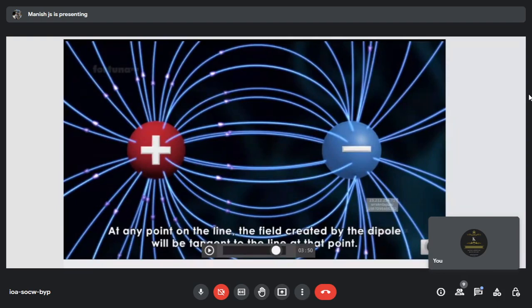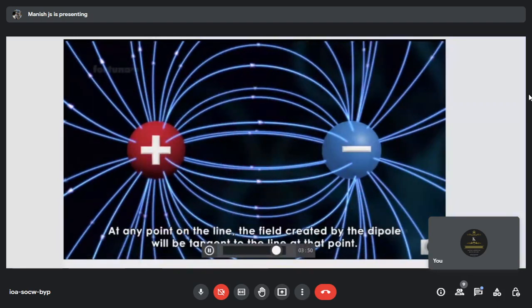It is convergent. So the electric lines of forces between positive and negative charges are convergent, whereas between two positive or two negative charges they would be divergent in nature. So that's what we understand by convergent and divergent. So we are moving on. That's all about the electric lines of forces.